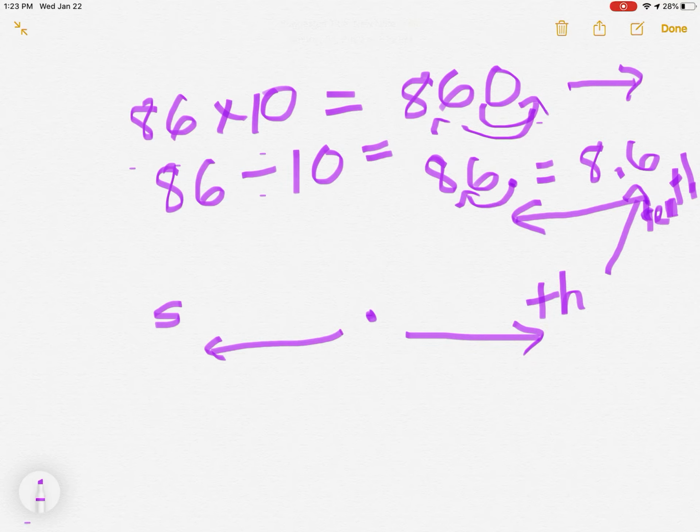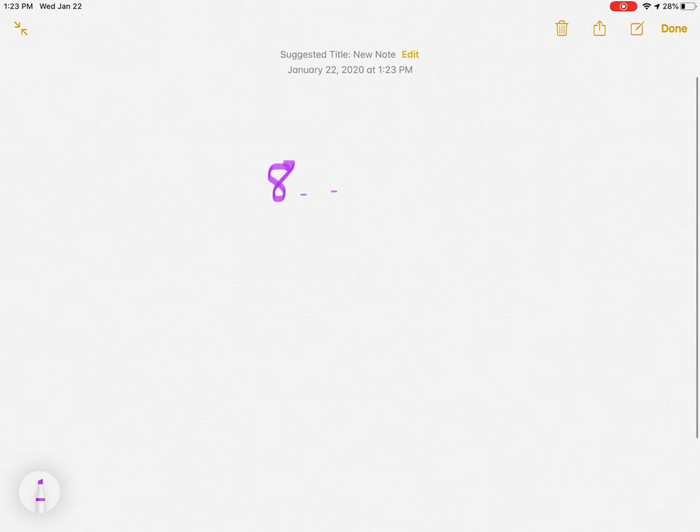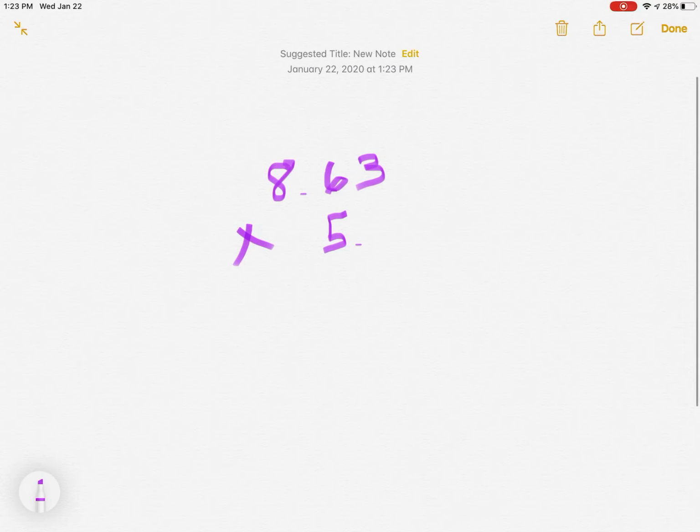Okay. Now, let's just do one multiplication problem here. So, how about 8.663 times 5.5?